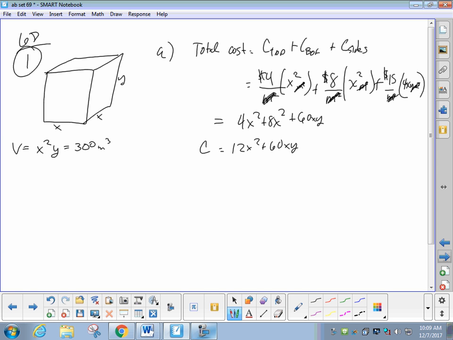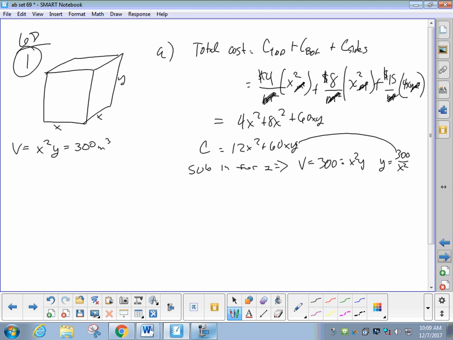Part B then, as you might imagine, is before we differentiate to minimize costs, we want to get it down to two variables. So, oh no, this is still part A. So what can I sub in for Y? Volume, which is 300, is X squared Y. So that implies that Y is 300 over X squared.